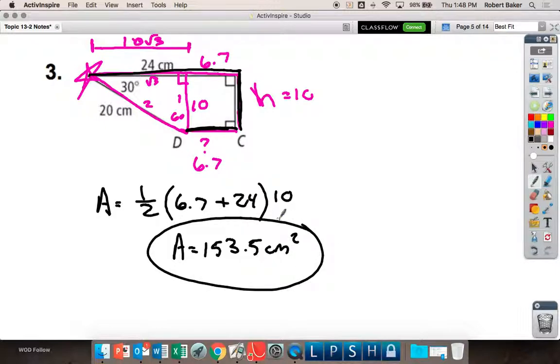Now, if you wanted to, because you're extra, like Baker, you could find the area of this square or rectangle, and you could find the area of a triangle, and you could add them together. That's a lot of extra work, but it still works, just so you know that you have options.